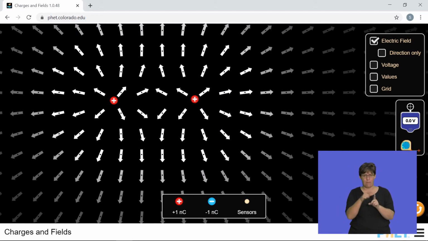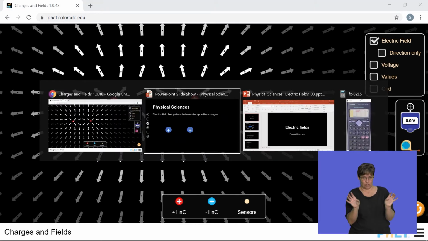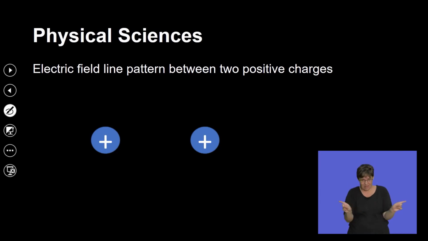Now, you see there is a pattern that we can immediately pick up. In both cases, these are pushing away from each other. So in our representation, based on the properties of electric field lines, we would know that these two are repelling each other. So the force experienced is repulsion, right?